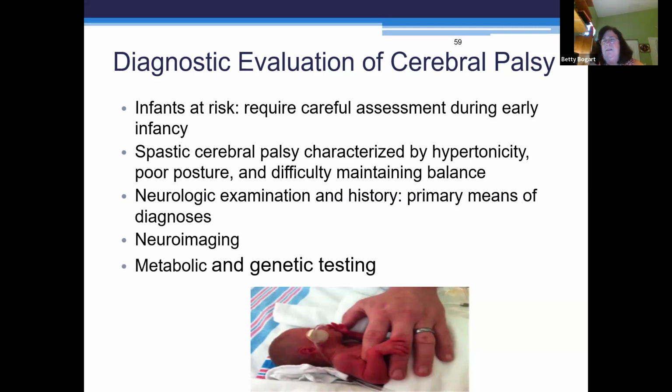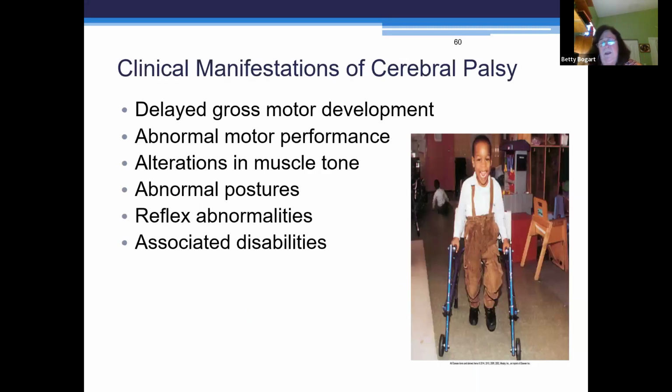These things are those little clues that will say, okay, this is cerebral palsy. We will be doing neuroimaging, looking at the brain to see what's happening, and of course, any metabolic or genetic testing, making that final distinction that it is cerebral palsy.